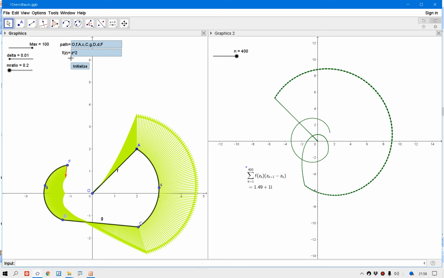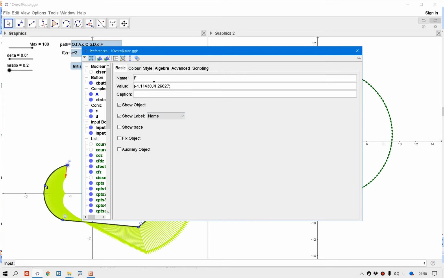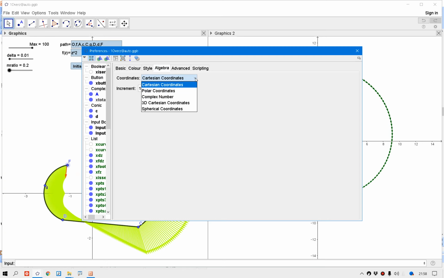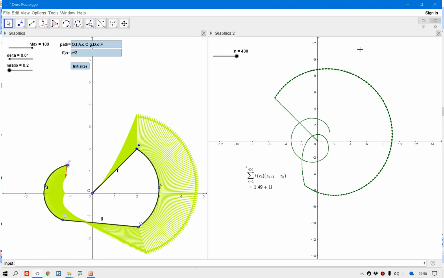But f(z) has a primitive, which is z cubed over 3. So it is very easy to find the value. First, we have to change the points to complex numbers, and then z cubed over 3. Okay, this is the value.